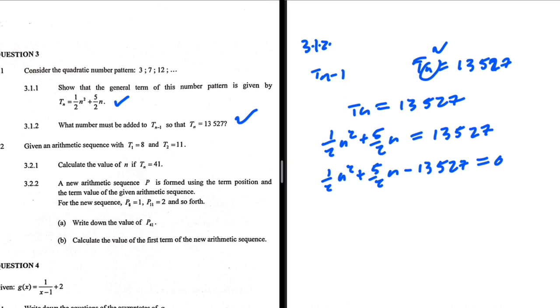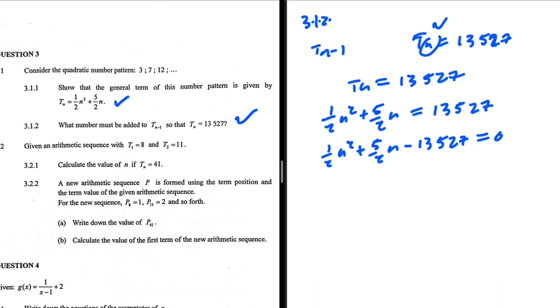We can multiply everything by 2 to get rid of the denominators on the coefficients of n squared and n. If we do that, n squared plus 5n minus, let me put that in my calculator, 13,527 multiplied by 2. That is 27,054. This is all equal to 0.